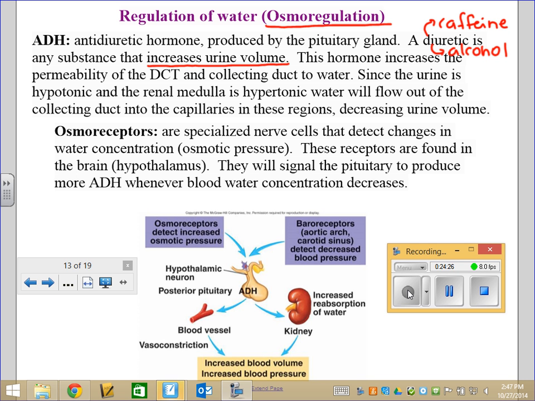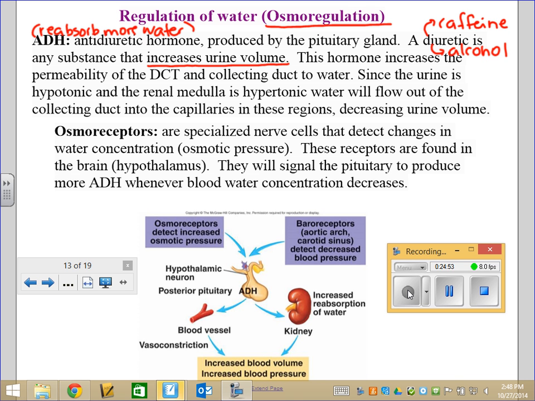So ADH, antidiuretic hormone, is trying to oppose those effects. ADH's job is to make your urine volume be smaller. In other words, it's helping you reabsorb more water. That is its goal. That's the function of this hormone.